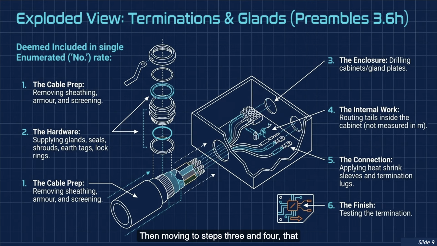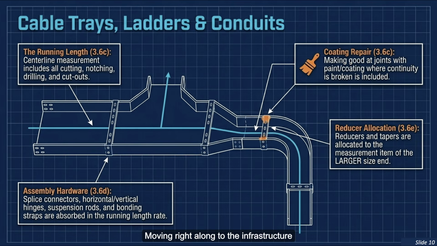Then moving to steps 3 and 4, that single rate absorbs the cost of drilling the cabinets and the internal routing of the tails, which, remember, is not measured in linear meters. And finally, the physical connection and the testing of that termination. A single unit rate carries the weight of all 6 of these intensive steps, so underpricing this sequence is a critical error. Moving right along to the infrastructure that actually holds it all up: cable trays, ladders, and conduits.